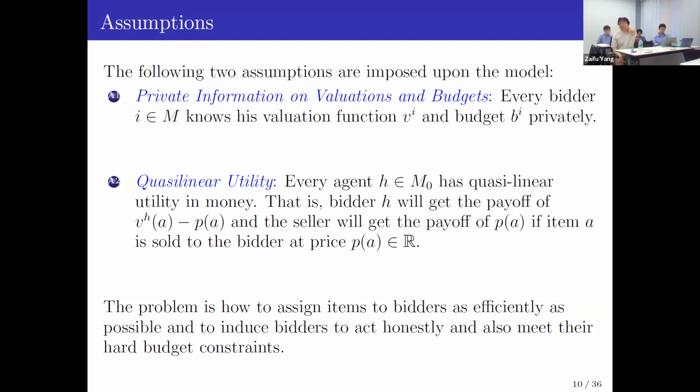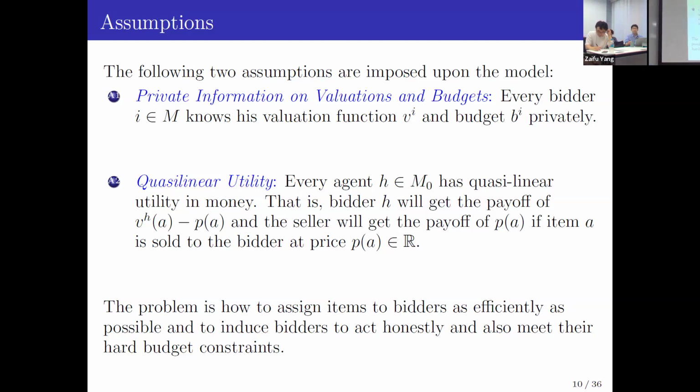We don't impose the condition that when the price is above your budget, your utility becomes minus infinity. In order to avoid that case, we will have a punishment in the auction design. But for the utility, why is this assumption reasonable?